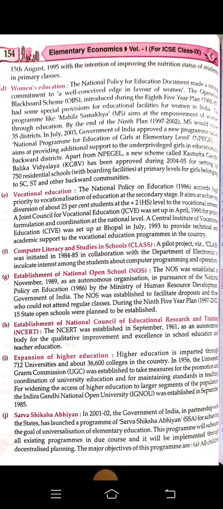The 93rd Amendment of the Indian Constitution was passed in the Lok Sabha on November 28, 2001, to make the right to free and compulsory education for children of the age group between 6 to 14 years a fundamental right. Hopefully you understood. Thank you.